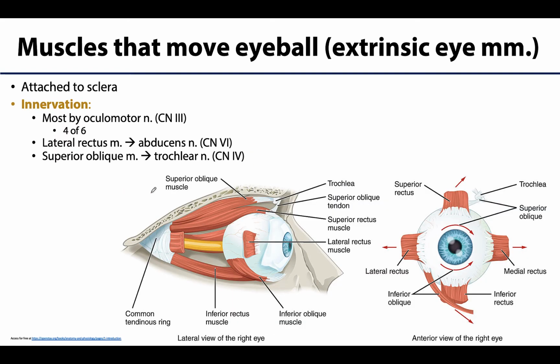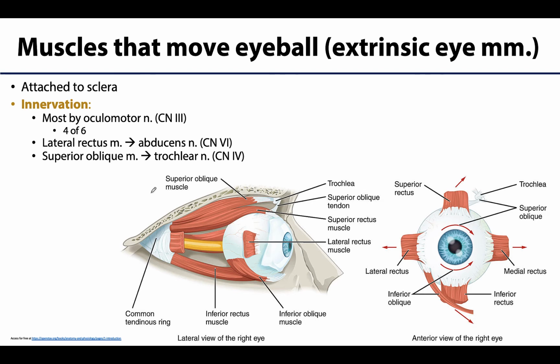All right. Moving on to muscles that will move the eyeball. These are sometimes referred to as extrinsic eye muscles, so they're not actually within the globe, even though they do have an attachment to it, but their proximal attachment's not going to be of the eye. Sometimes you hear them called extrinsic eye muscles or extraocular eye muscles.